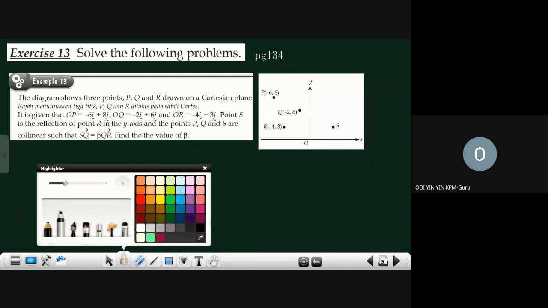The diagram shows 3 points P, Q and R. Can you see P, Q, R here, with the coordinates already given?